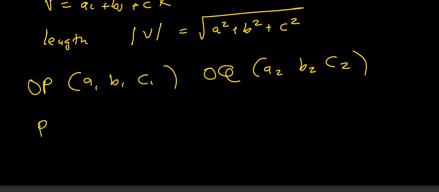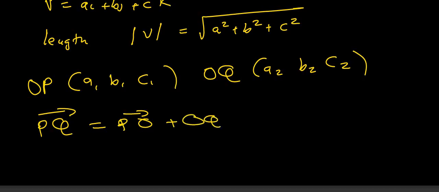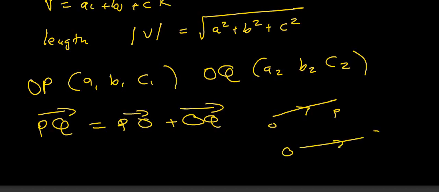So if we're looking for PQ, we want something in the form of PO, then plus OQ, because the letters in between have to match. We have to connect. This is OP, and then we also have OQ.